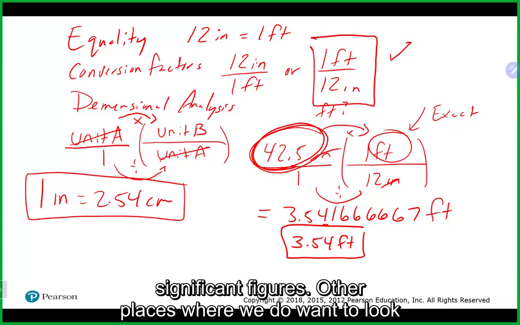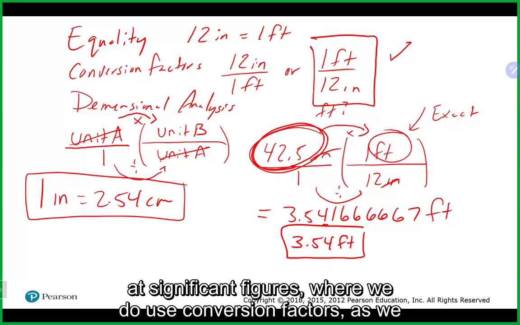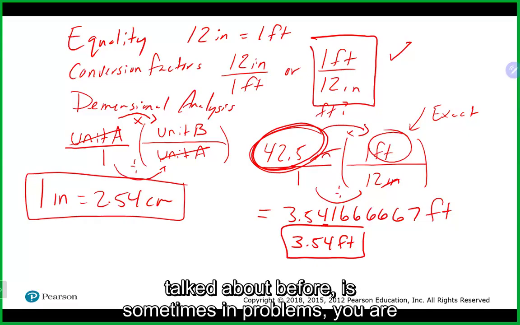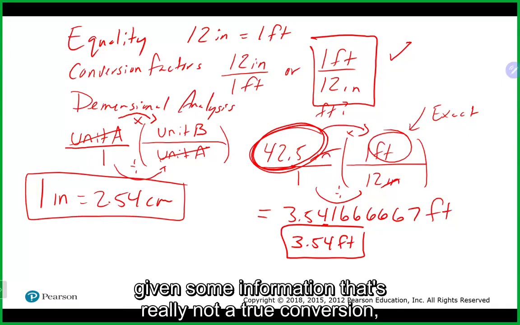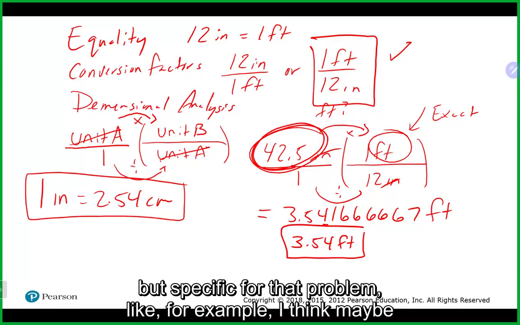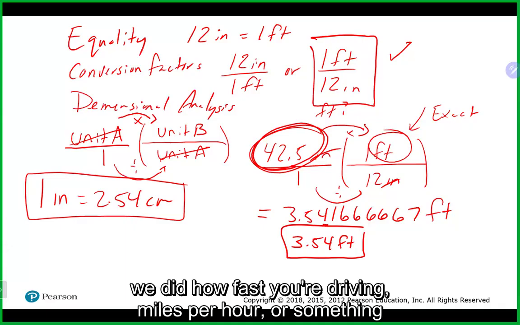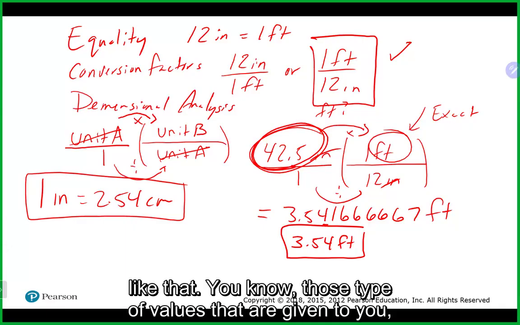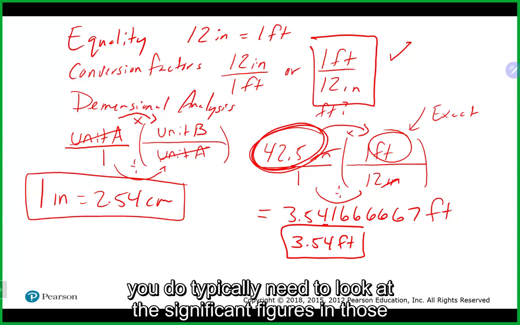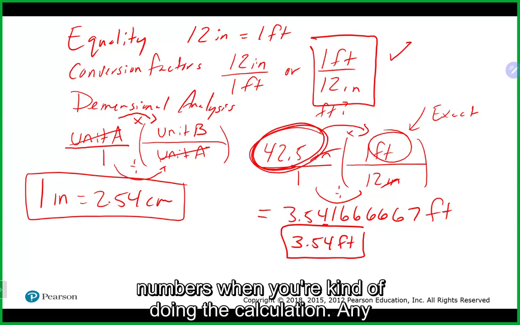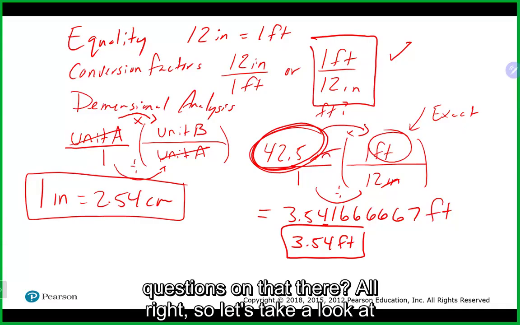Other places where we do want to look at significant figures is when some problems give you information that's not a true conversion but is specific to that problem. For example, I think we did how fast you were driving in miles per hour. Those values that are given to you, you do typically need to look at the significant figures in those numbers when doing the calculation. Any questions on that?